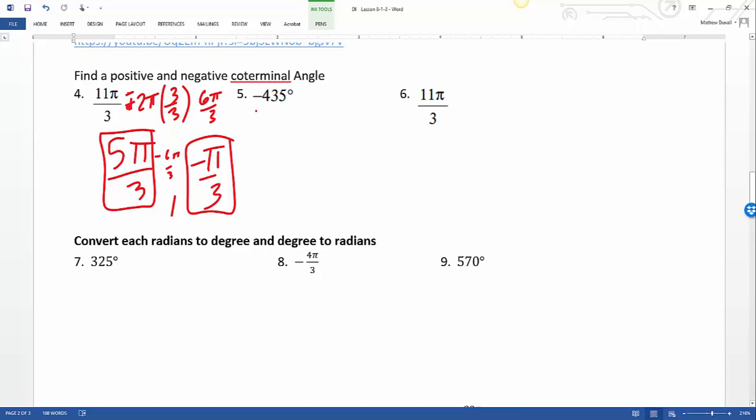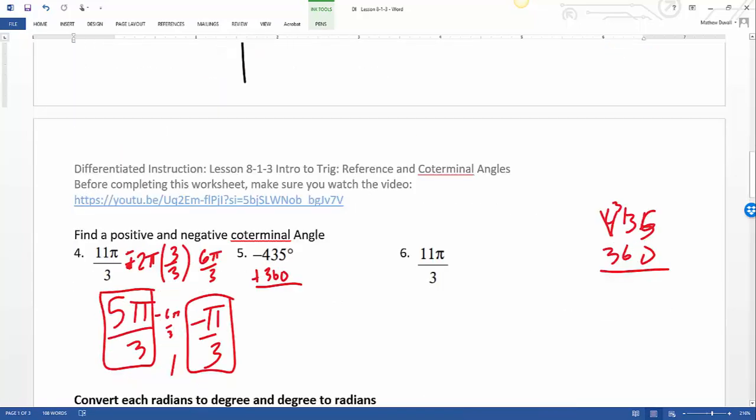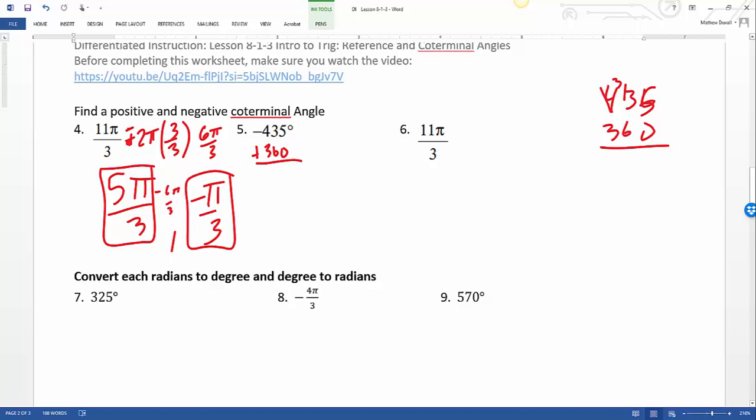So for this one, I can add 360 to it. And so 435 and 360. So that's 5, that's 7. So that's going to be negative 75.